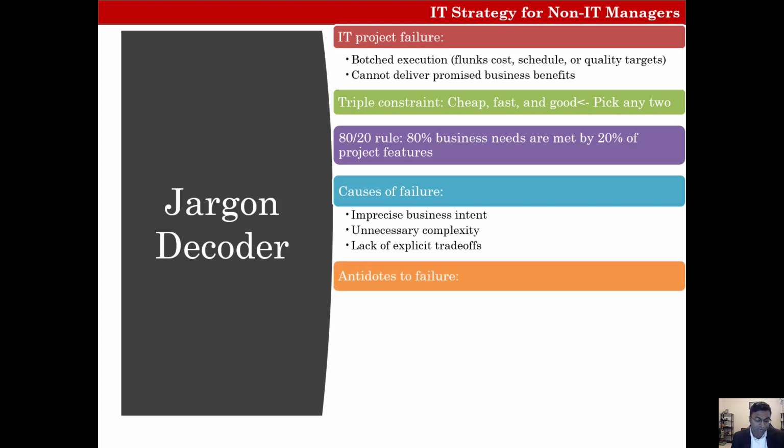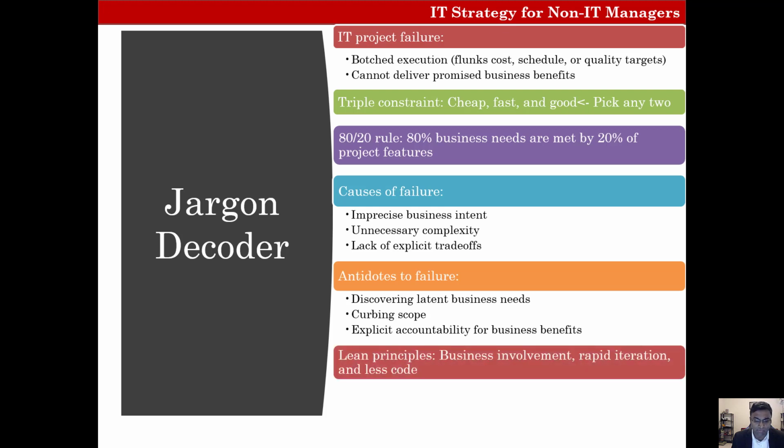And the antidotes for failure are trying to discover latent business needs, making sure the scope is clear-cut and fixed, with constraints on the scope, and explicit accountability for business benefits. A lot of times the business benefits are vague, and we need to have explicit accountability for that.